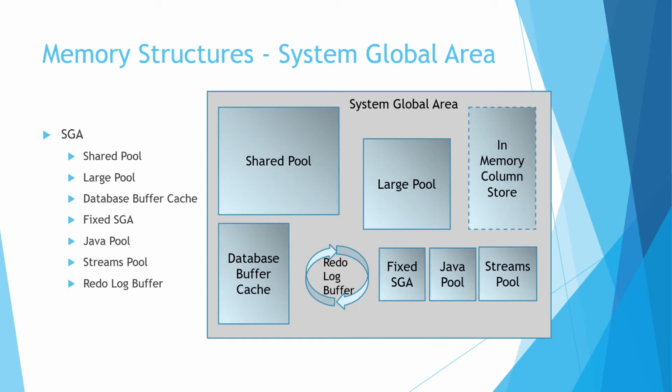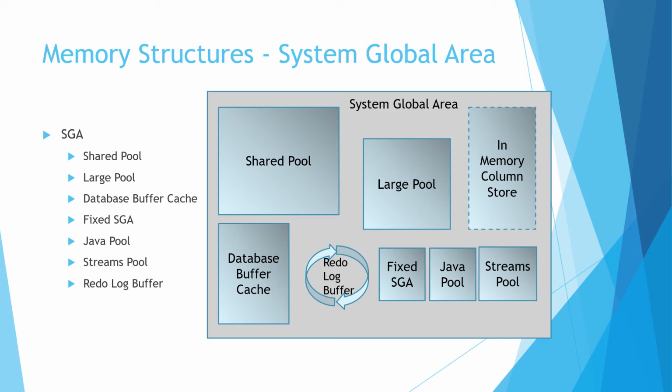Let's view the memory structure System Global Area, or the SGA, in detail. The SGA consists of a shared pool, the large pool, database buffer cache, fixed SGA, the Java pool, streams pool, and the redo log buffer. The SGA can optionally contain an in-memory column store area starting with Oracle 12c.